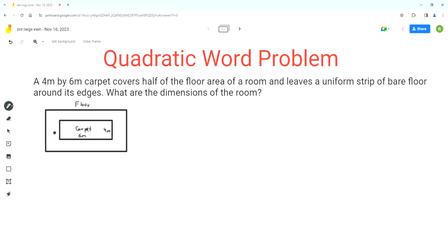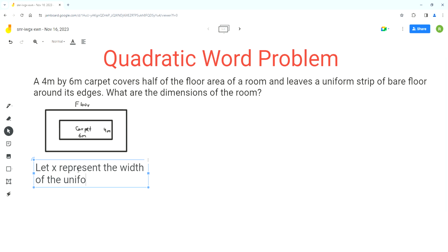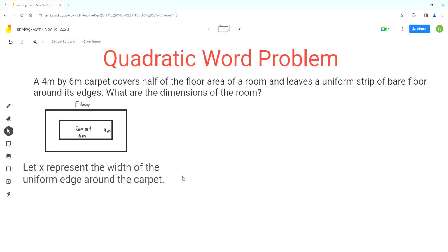So we'll start with a let statement. Let x represent the width of the uniform edge around the carpet. We will label that in the diagram.